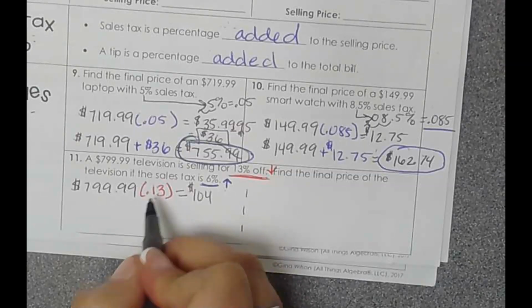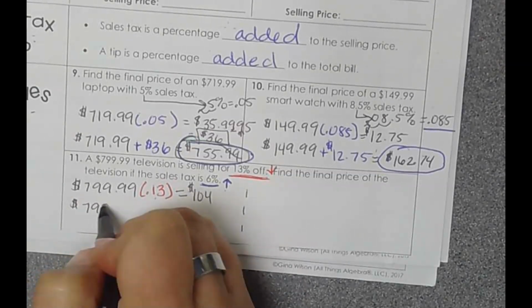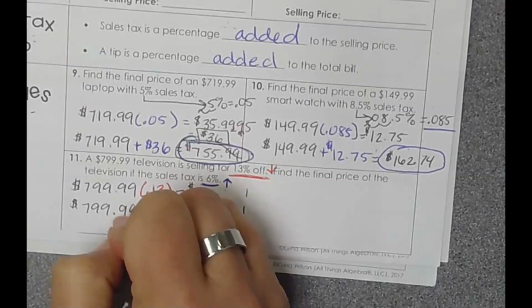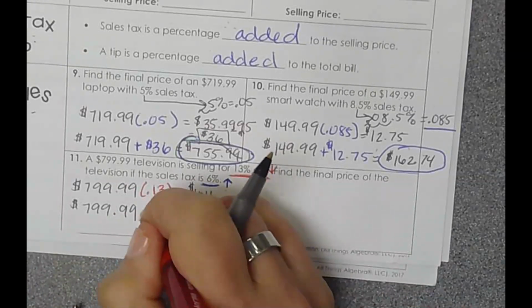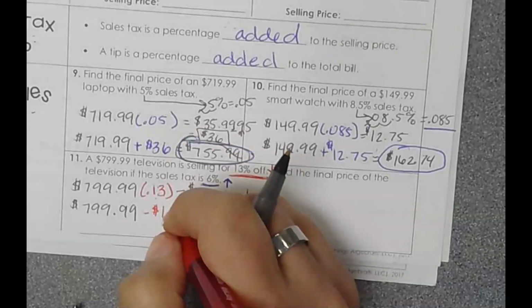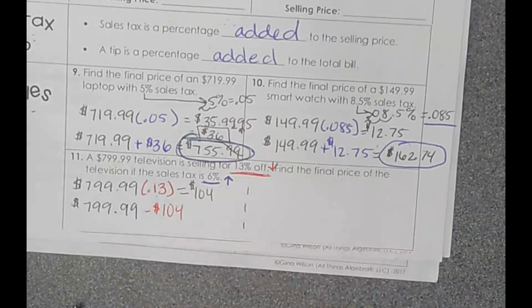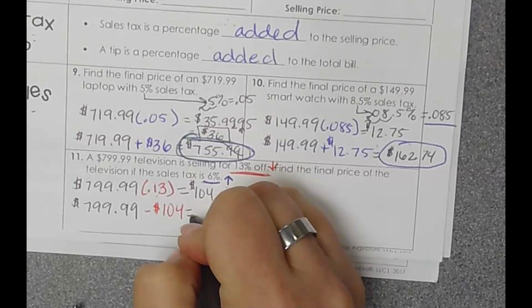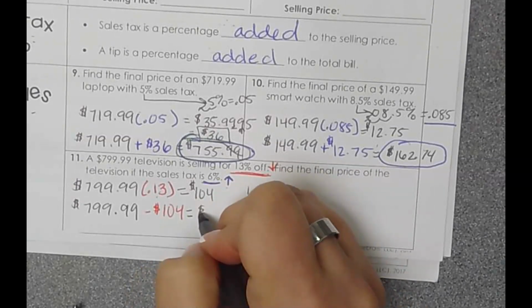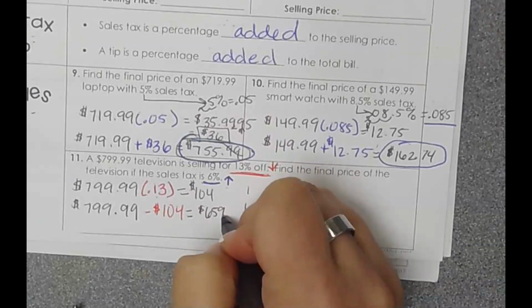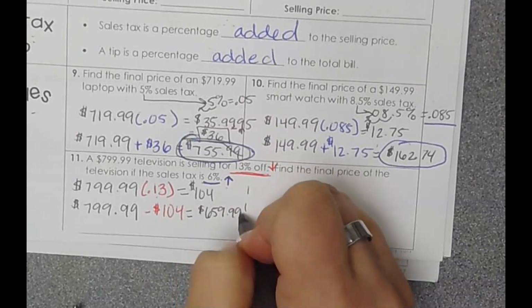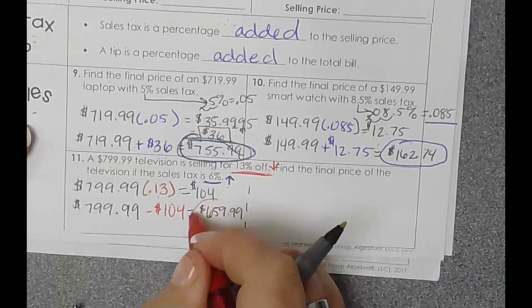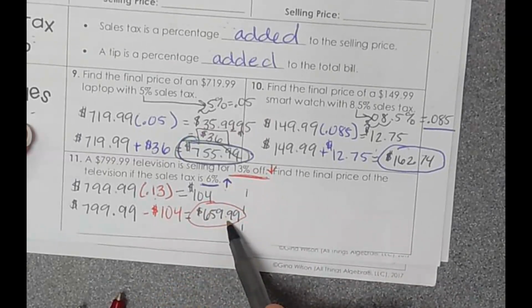So again, this is a discount, so we're going to subtract that $104 away from our $799.99. So our discounted price for this would be $659.99. But we're not done because that's the discounted price.